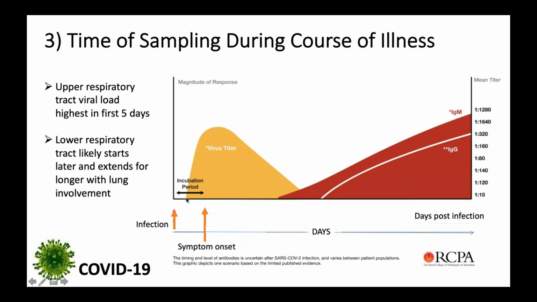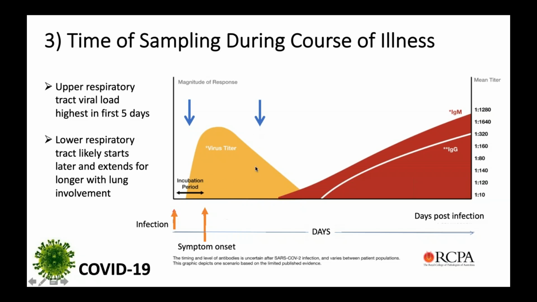And one can imagine that the titer of the virus begins to increase a few days prior to symptom onset and peaks shortly and within the first week or so following symptom onset, and then a gradual decline after that. Let's not worry about the IgM and IgG on the right. We'll get to those later. So imagine a sample collected at this part of the graph might likely result in a so-called false negative, particularly if the patient is still asymptomatic.